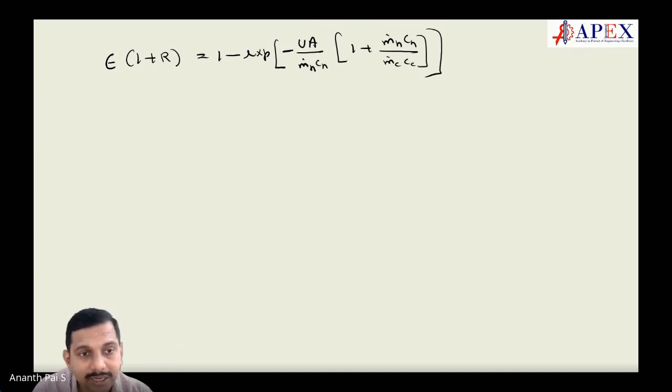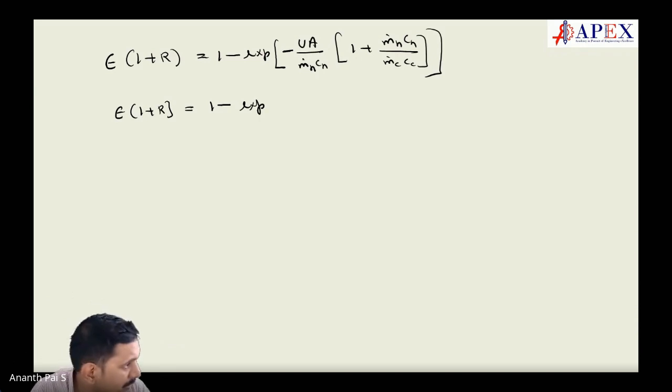So epsilon into (1 plus R) is equal to 1 minus exponent of minus NTU into (1 plus R), where UA by m dot h Ch is called NTU.